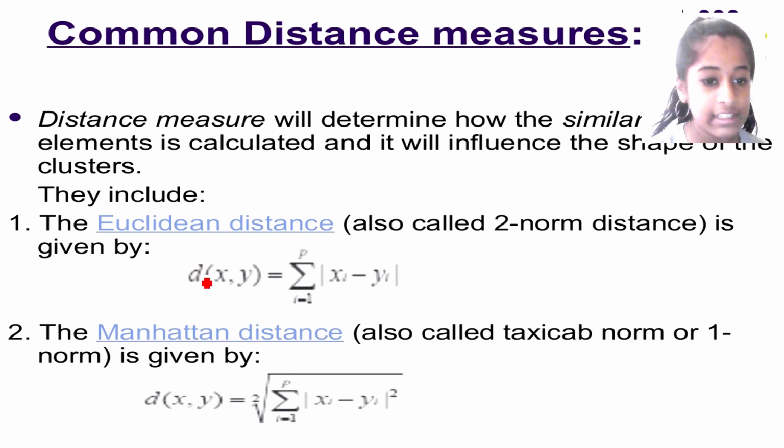Here D says distance, and D of x and y. We need to calculate the distance of x and y. So D of x and y is equal to the square root of x1 minus y1, squared, and so on. This is going to be the formula.